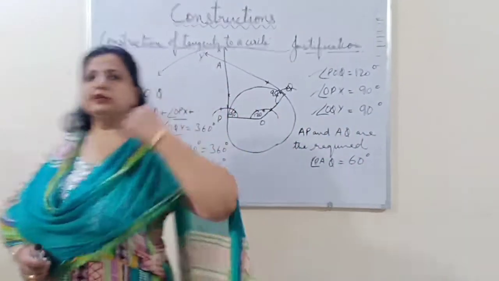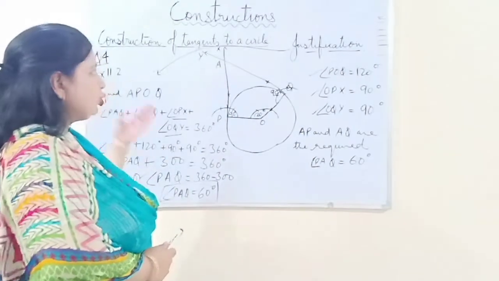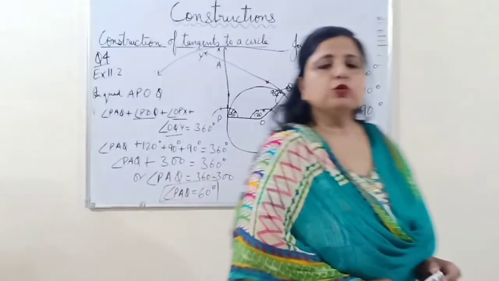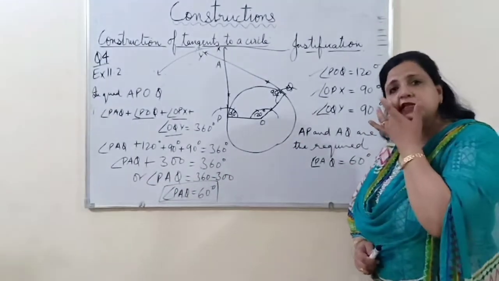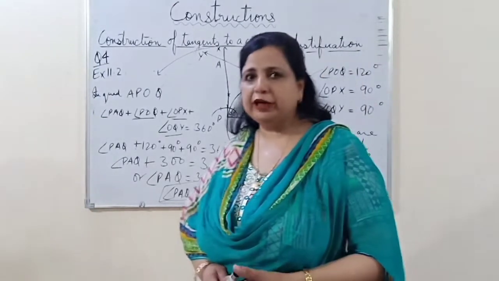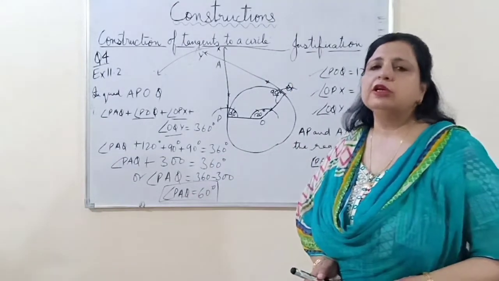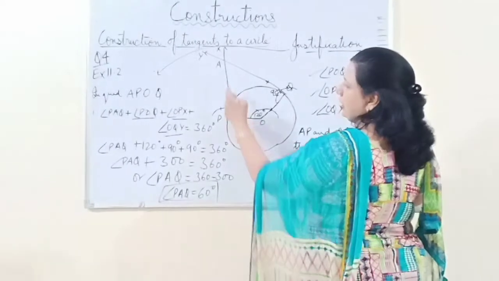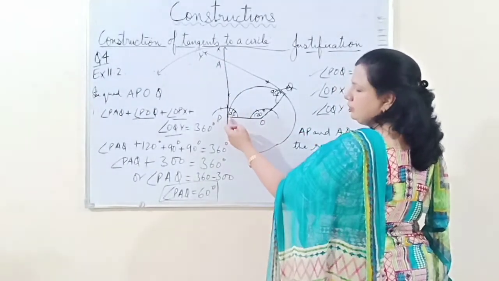Now second, we have to show that these are tangents also. So for tangents, again we'll use the same theorem, that the radius and the tangent at the point of contact are perpendicular to each other. If they are perpendicular, then they are the tangents. Now here OP is the radius and we are saying AP is the tangent.